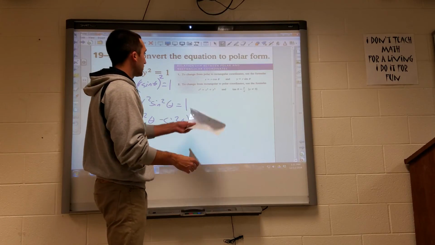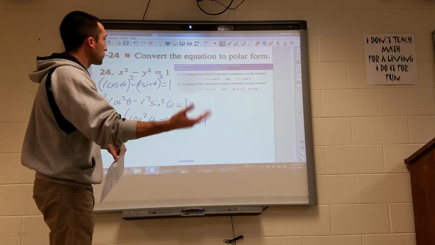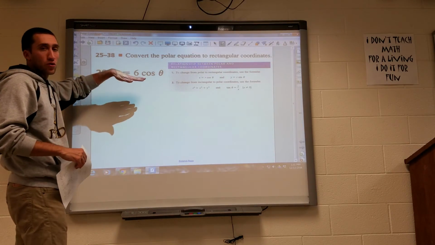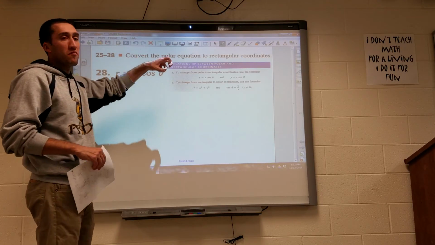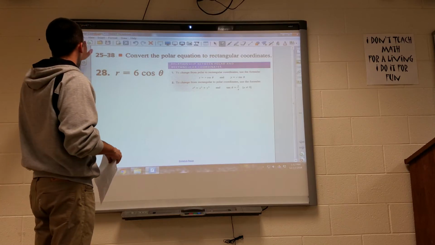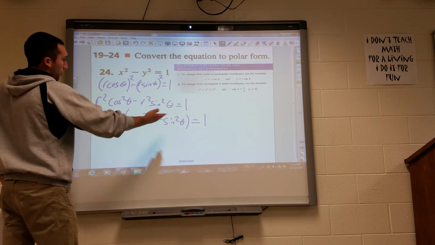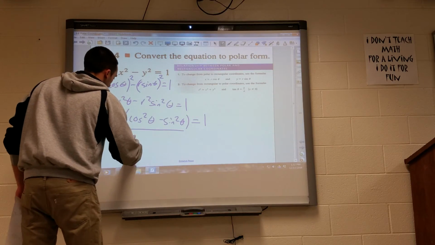All of my polar equations are going to have an r equal to some other value. So for instance, this is a polar equation where you have simply an r equal to some value with our theta. So we have to get r by itself. So to get r by itself, I'm going to have to divide by cosine squared minus sine squared theta.